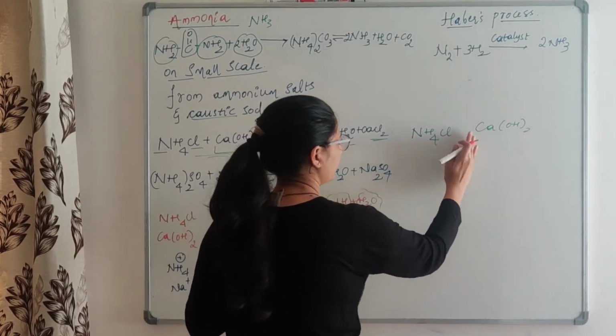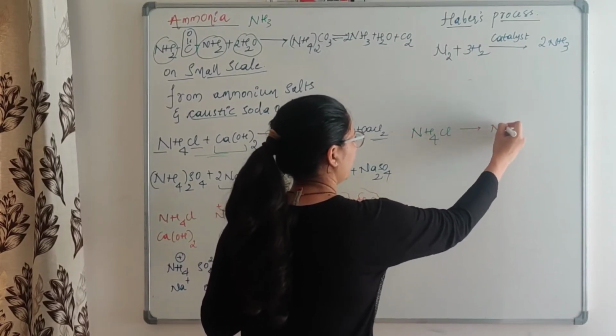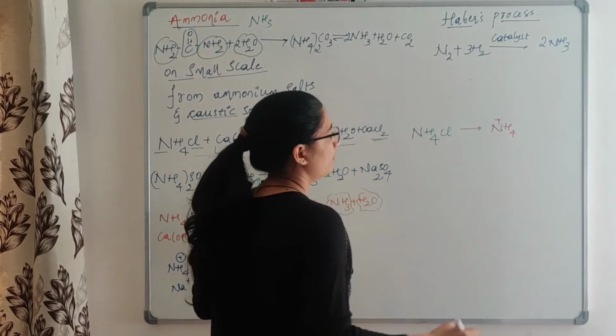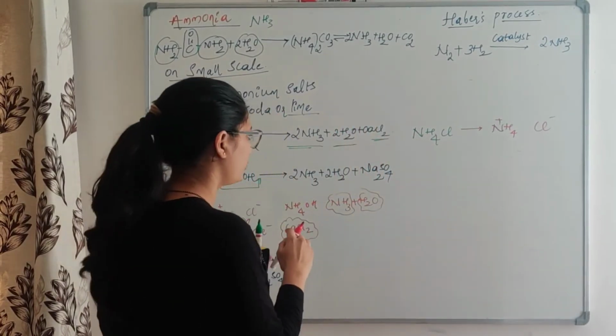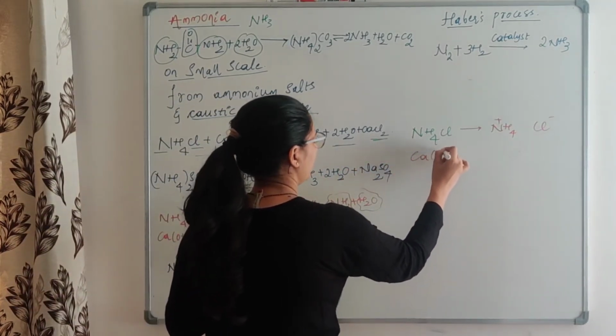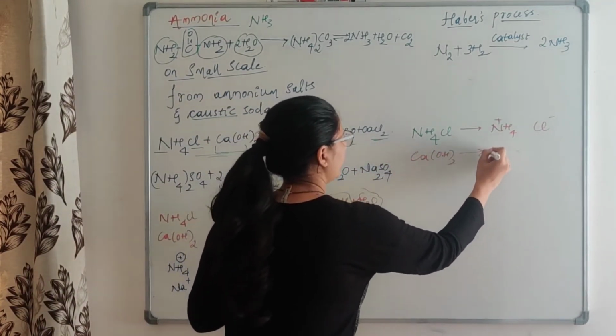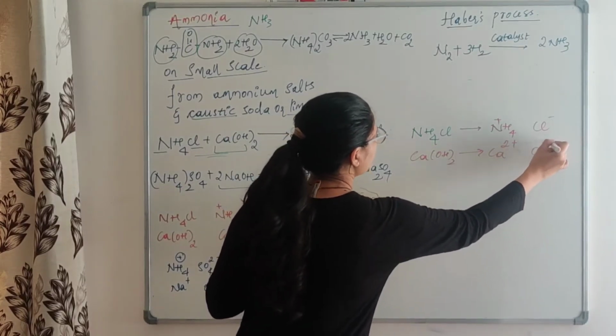From NH4Cl, which are the ions you are getting? NH4 plus and Cl minus. Okay, these are the positive and the negative ions. From calcium hydroxide, you are getting calcium 2 plus and OH minus.